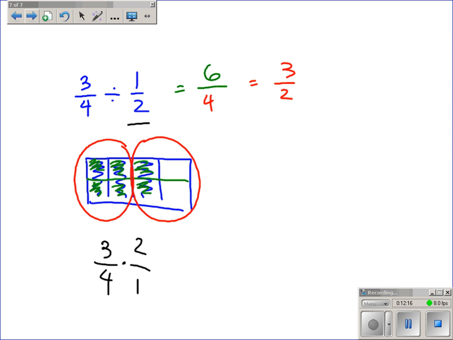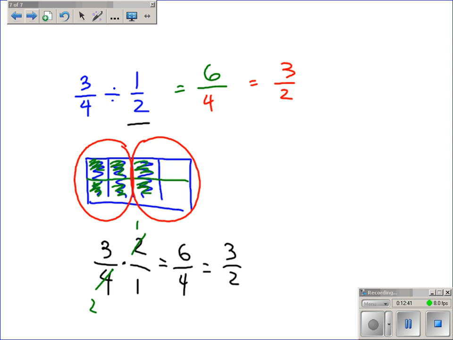Okay, which now becomes a multiplication problem, and we just talked about how you multiply. You multiply the numerators together and get 6, and multiply the denominators and get 4, and we simplify down to 3 halves. We kind of just throw in right here the fact that you could simplify here if you wanted to. Now, if that makes sense to you, go ahead and do it. It would save you a step in simplifying later.